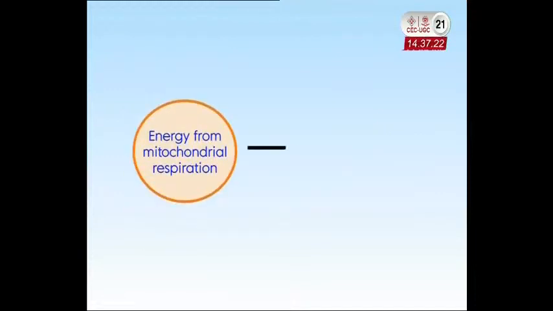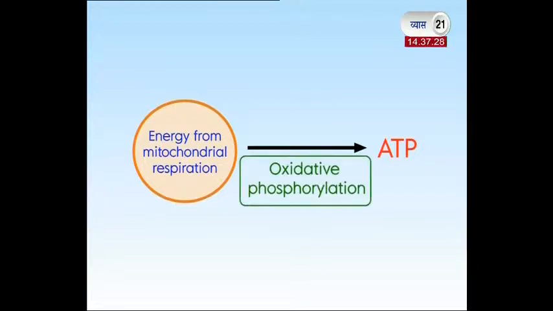Energy produced by mitochondrial respiration is used for ATP synthesis by a complex mechanism referred to as oxidative phosphorylation. NADH and FADH2 are energy-rich molecules which are formed in glycolysis, fatty acid oxidation, and the citric acid cycle.